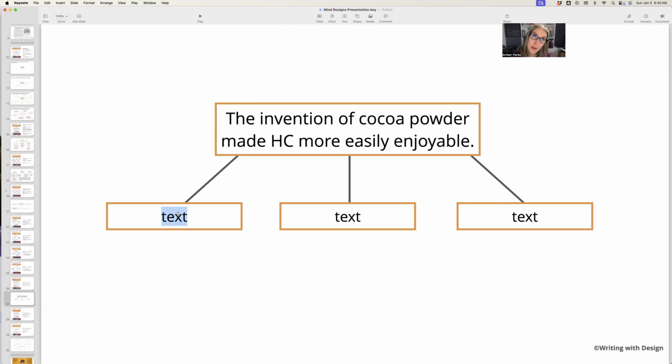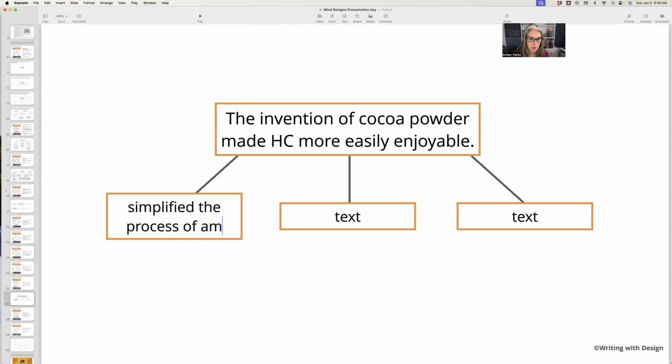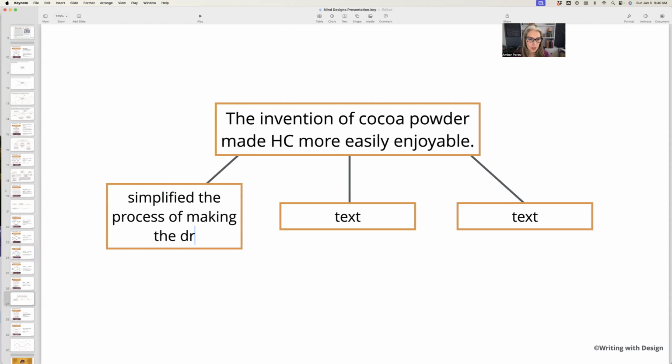Well, I don't know enough about how it was made before, but I imagine it wasn't as easy as cocoa powder. So when I think about making hot chocolate, it's so simple to just dump the powder into a cup. It simplified the process of making the drink.